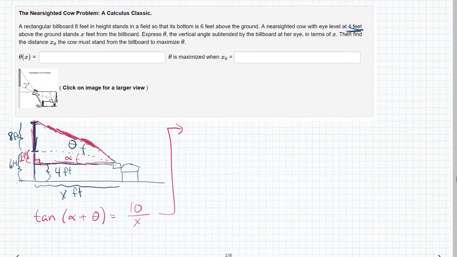From here we can take the arctangent of both sides, so you get alpha plus theta equals the arctangent, or tan inverse, whichever you want to write, of 10 over x.